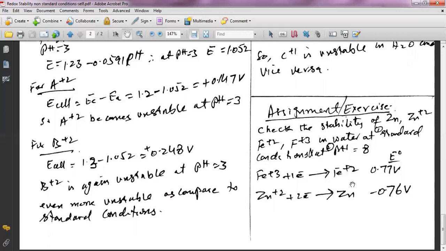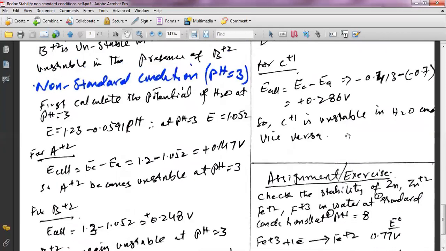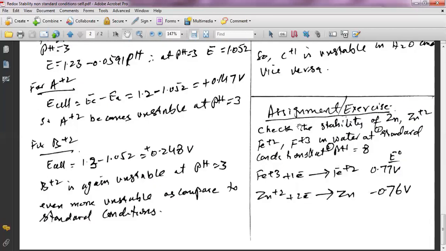And this you have to compare with the water, like in case of the C plus 1. So references are given above, and these half cells are given here. This is very simple. You can also do some other exercises at home. So you will learn a lot out of these calculations.